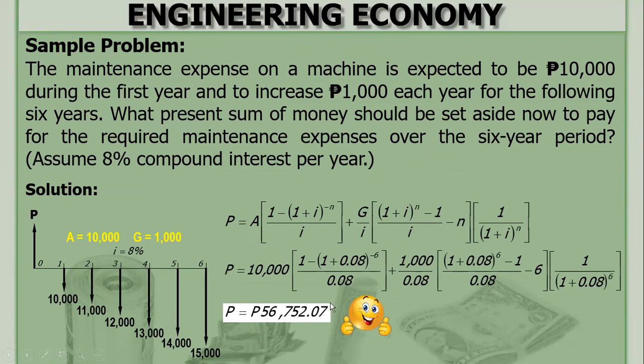Now, to double check this value, you can analyze each of these payments as F, and then you get the value of P. So 10,000 times 1 plus i raised to negative 1, plus 11,000 times 1 plus i raised to negative 2, up to 15,000. And you can check that the value of P is equal to this one, 56,752.07.